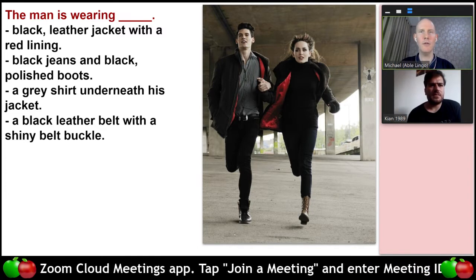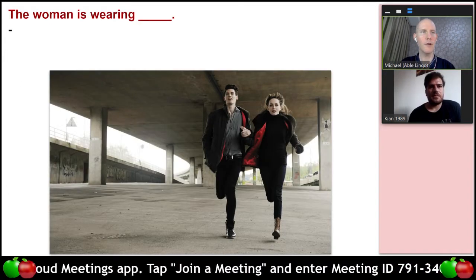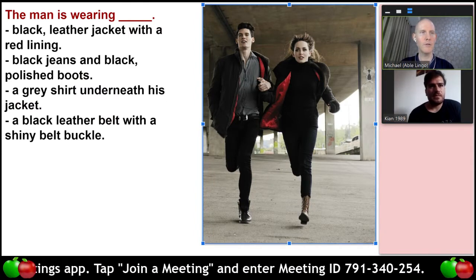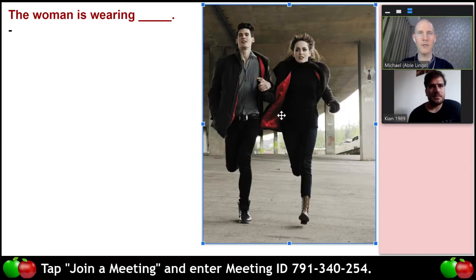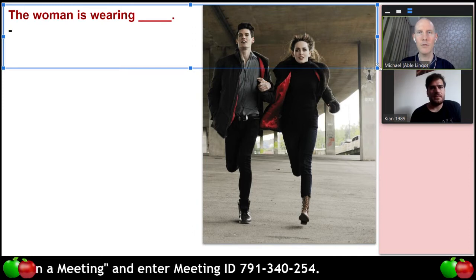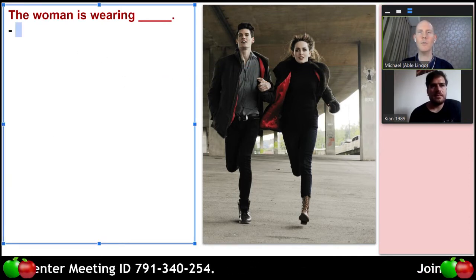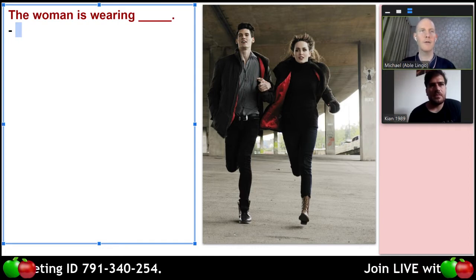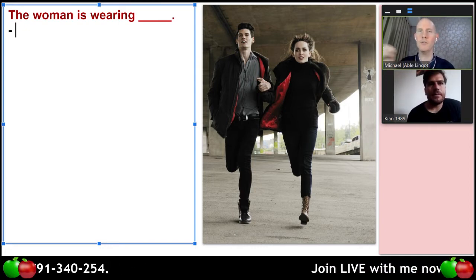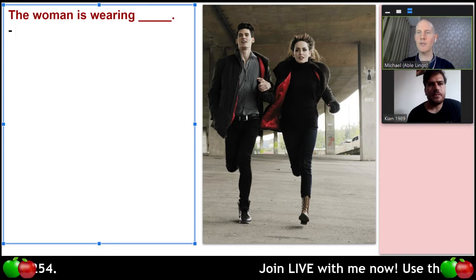Let's do, ooh, how about this? I'll bring this image in and make sure it's bigger. All right, so the woman, how would we describe what the woman is wearing? I'm going to wait a moment in the comments. Go ahead, Kian, if you have any thoughts you'd like to share.